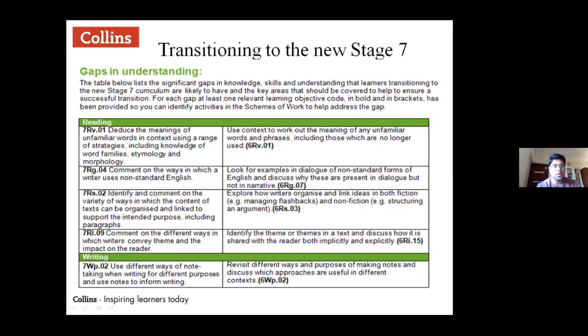So these are the gaps that you need to bridge for the new stage 7 teaching, which is for grade 6. Please ensure that for the writing strand, you use a wide range of understanding of purpose and audience. Use note making; help the learners understand how important note making is, because the summary writing strand is still there. Grammar is very important.